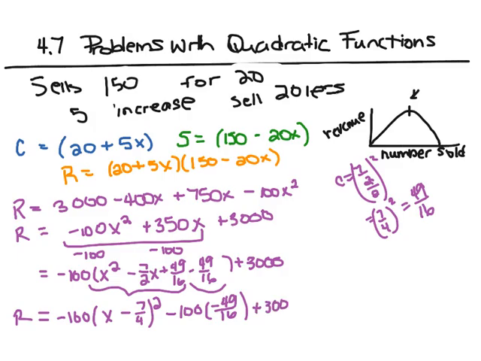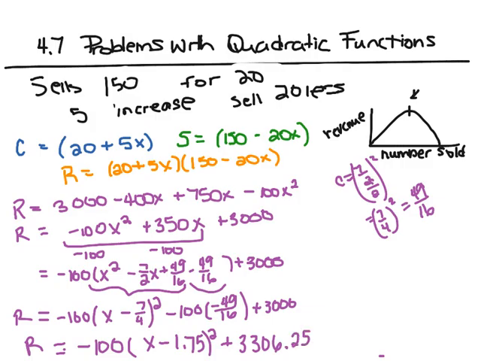And if you simplify that with decimals, R will equal negative 100 x minus 1.75 squared plus 3,306.25. So if our x equals 1.75 at the vertex, we're going to round this up to 2 because we're not going to have a 1.75 increase.